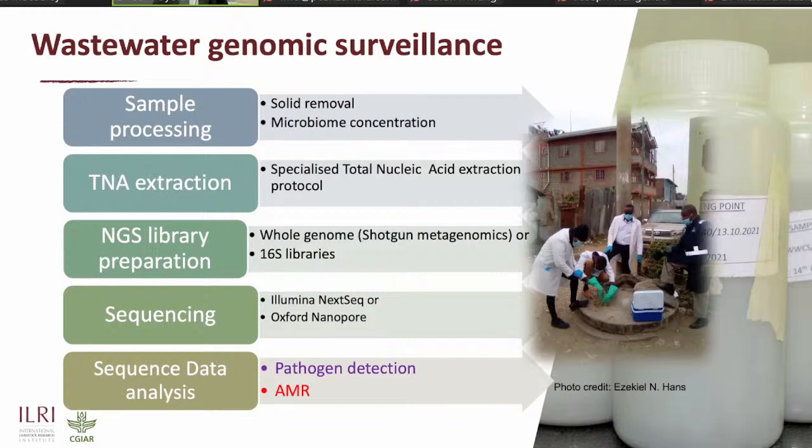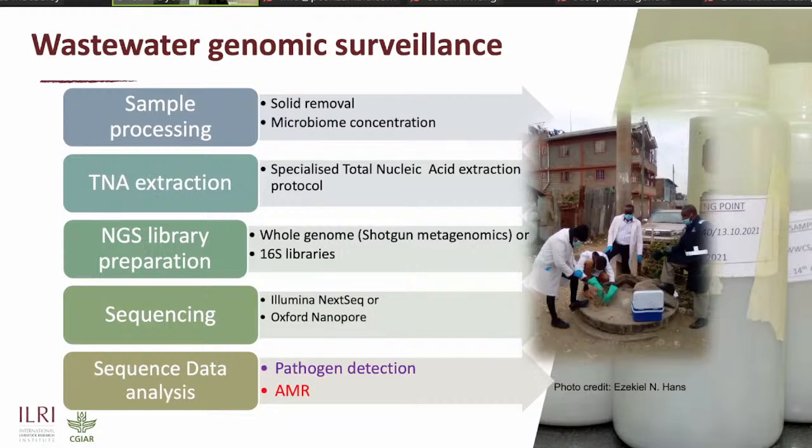Beyond the nucleic acid extraction is where we start to process the samples differently for what I call the metagenomic analysis. Here we can use those extracted nucleic acids to prepare libraries which we can use to do whole genome analysis, or the so-called shotgun metagenomics.